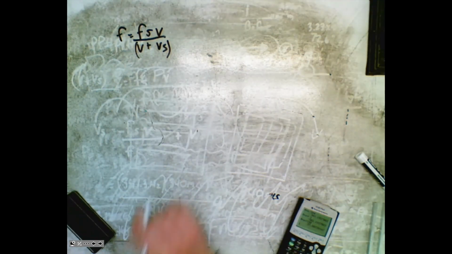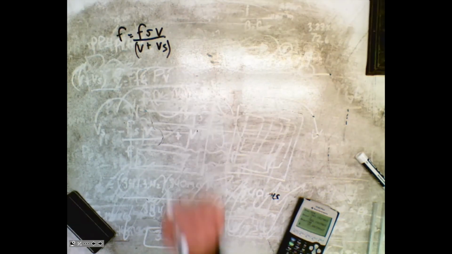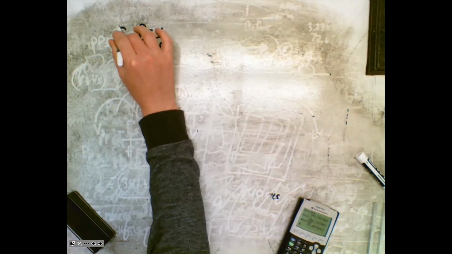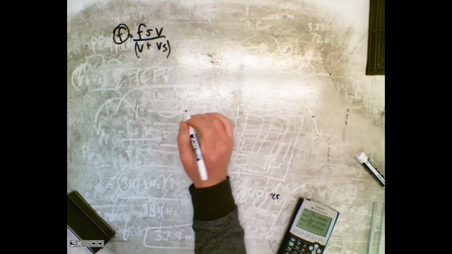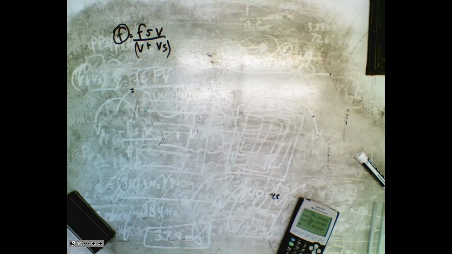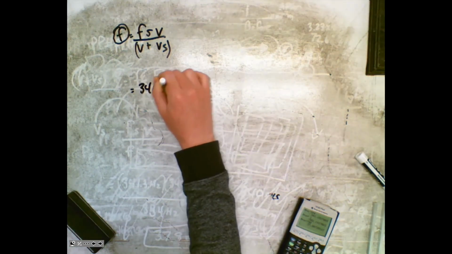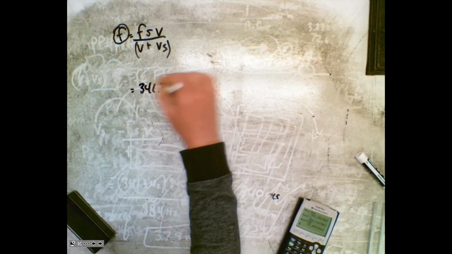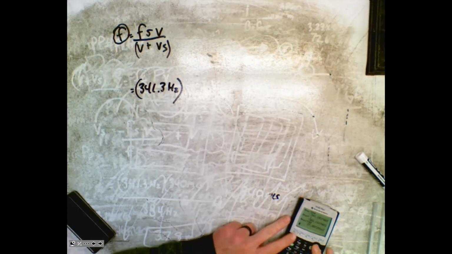So that one's a positive. And it's asking for what note would the parade attendees hear. So we want to find that apparent frequency, so we don't have to rearrange this at all. So she's still holding that F note, which is 341.3 hertz. Oops, did I forget the 0.3 last time? No, I didn't. Good.